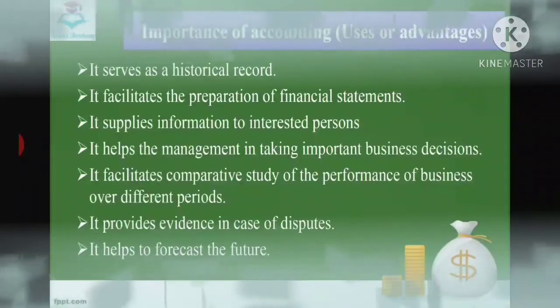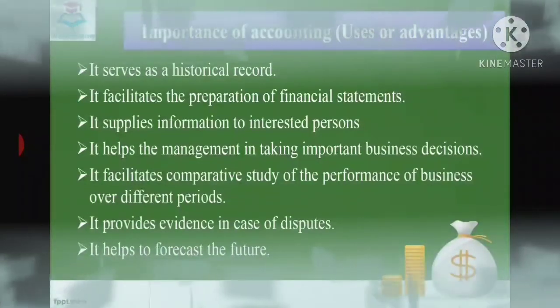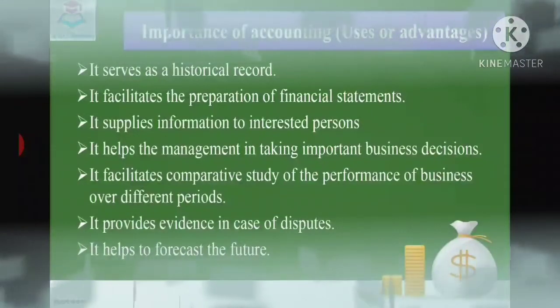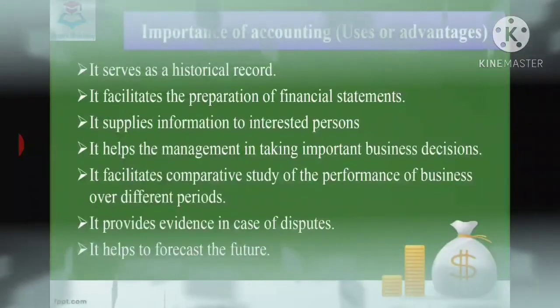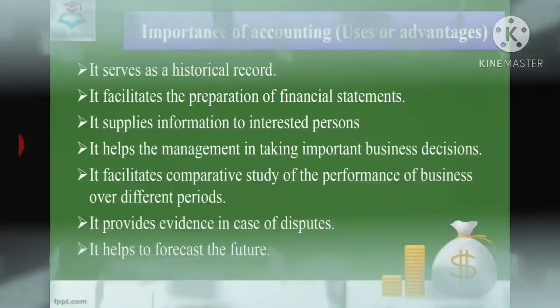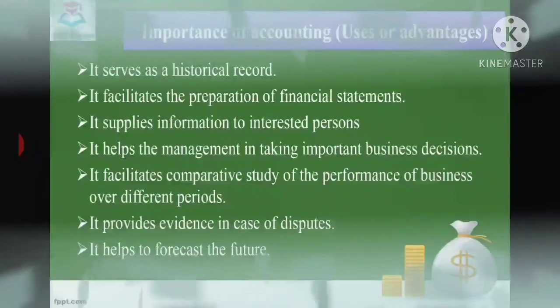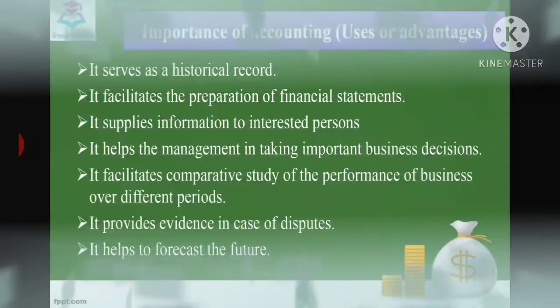It helps the stakeholders in making decisions. Next, it helps the management in taking important decisions on the basis of the business position, to improve the business; we can make decisions depending upon the accounting information.